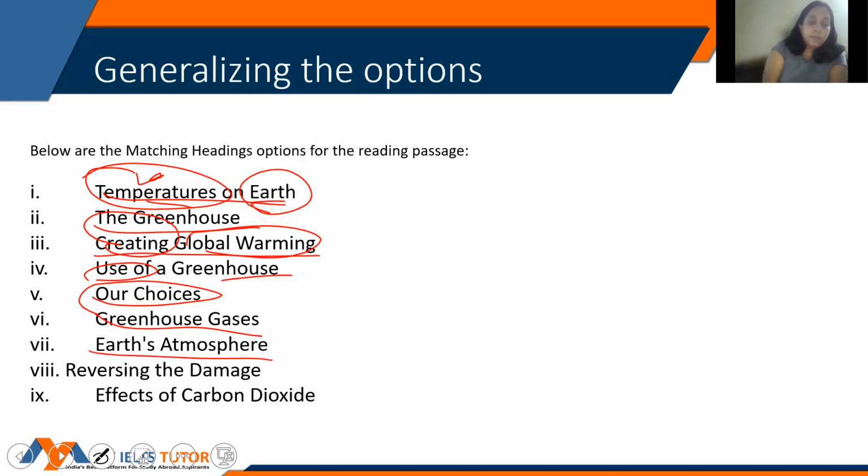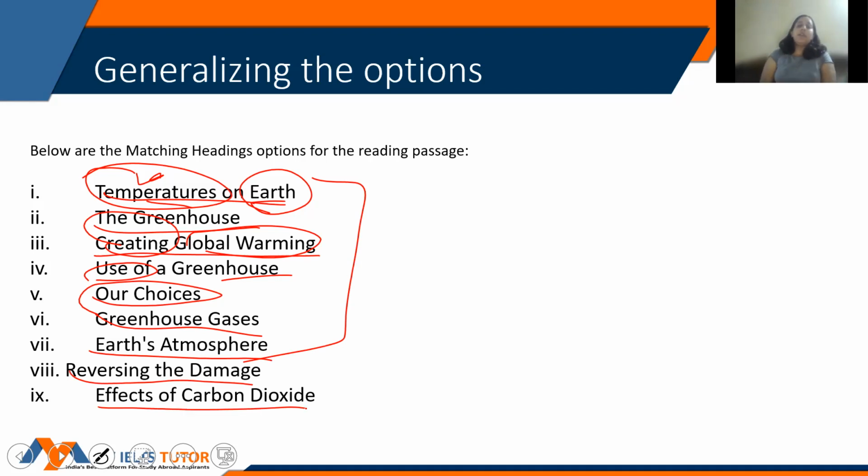Earth's atmosphere. Now it is about atmosphere. It is not temperature. So these two things would be confusing. You need to know the difference, the differentiation, right? Reversing the damage. Something which is improving now. Maybe the actions which have been taken, it is improving.